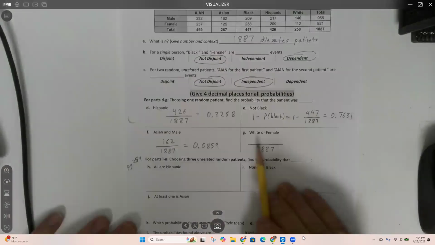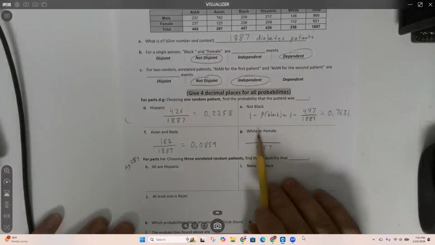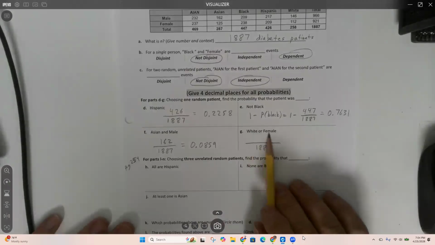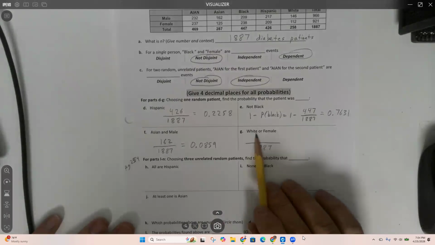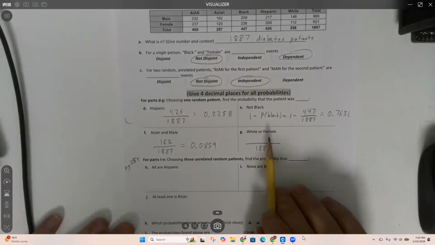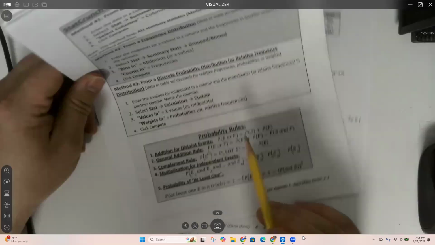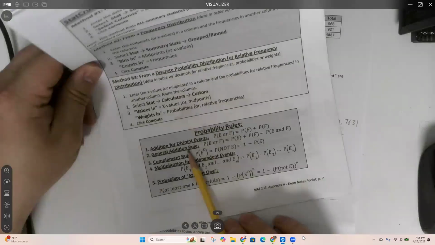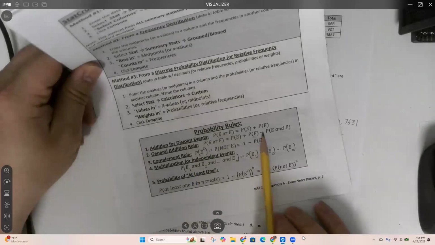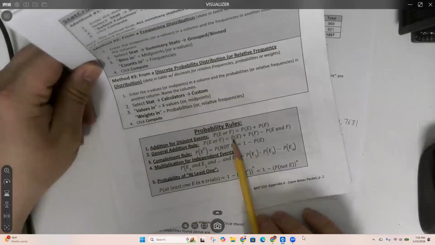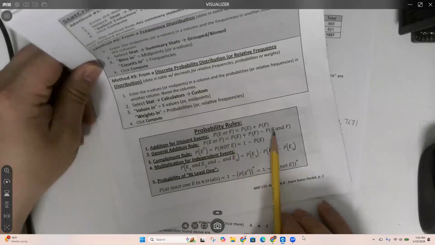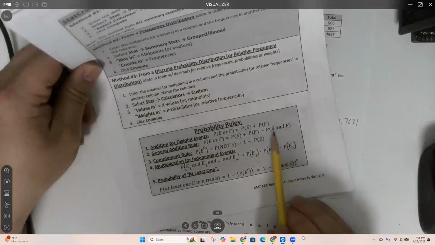So white or female, are white and female disjoint or not disjoint? They are not. Yep, that is correct. So we need to use this rule here. First we'll do the probability of white, plus the probability of female, minus the probability of white and female.